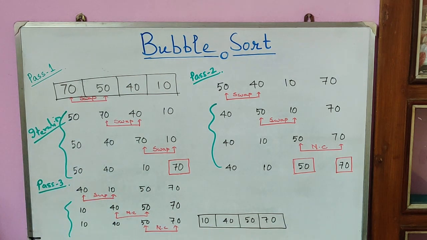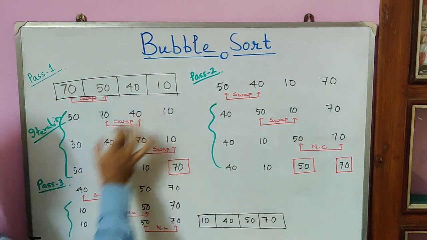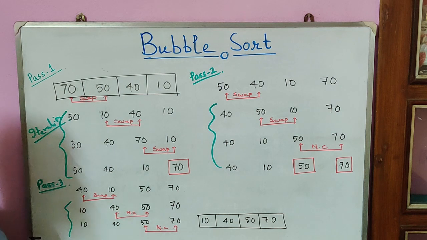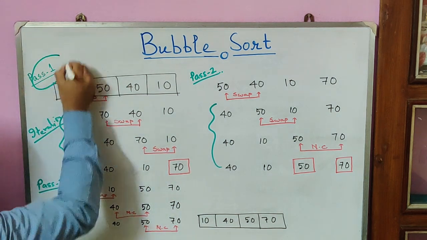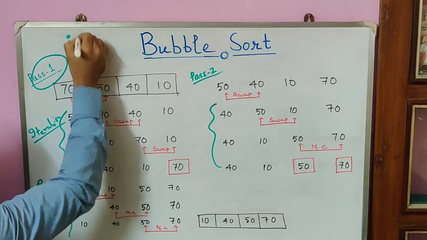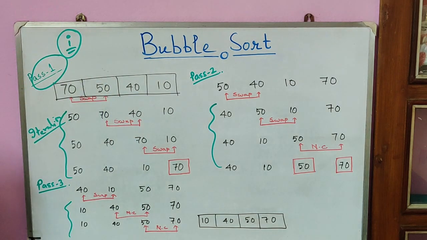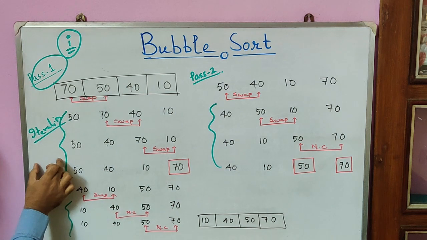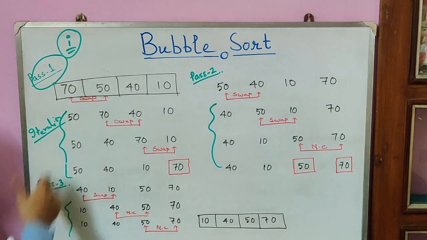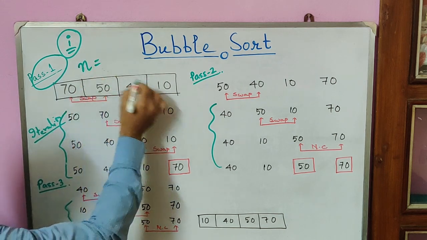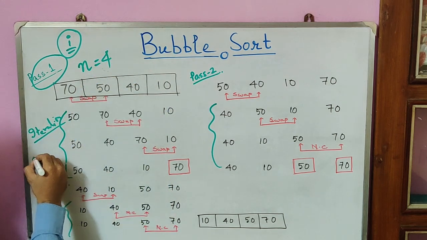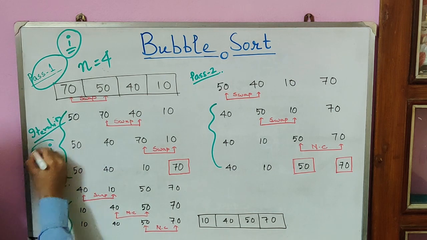After completing the passes, that means pass 1, pass 2 and pass 3, these are my outermost loop, and we will consider the pass as i. And the iteration is based on the number of elements. What is my number of elements? The number of elements is 4. So the iterations are n minus i.